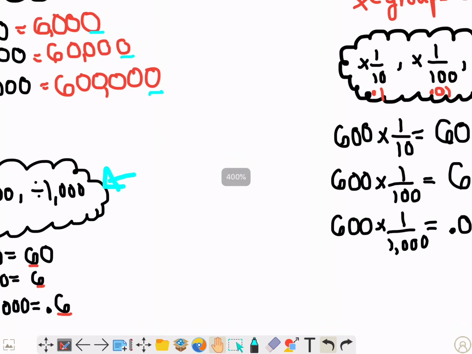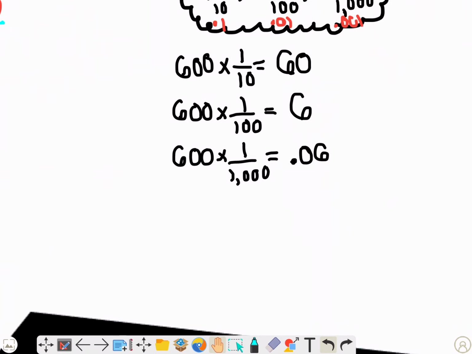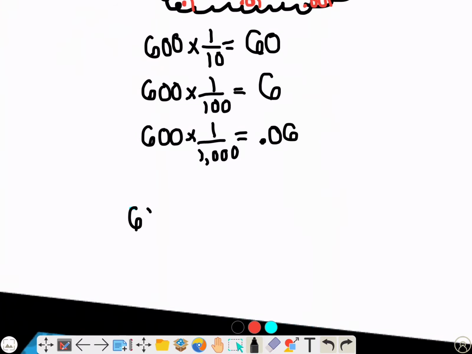Another thing you're doing is you're also jumping your place value. Look at this one. 600 times 10. Well, there's an imaginary decimal right here, after the 600.